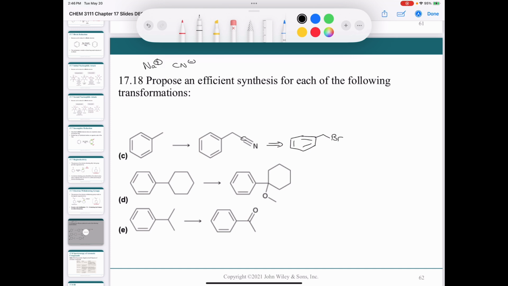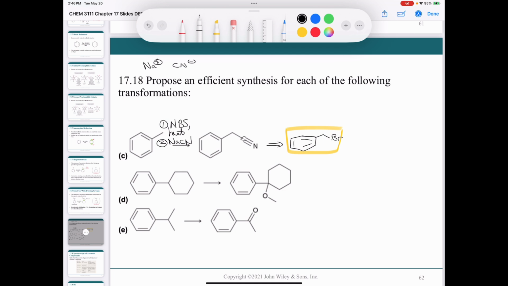So cyanide is a good nucleophile. We know how to convert the toluene into the benzyl bromide. All we have to do is treat it with NBS, and we're going to heat that up a little bit. And then in the second step, we would use our sodium cyanide as our nucleophile to come in and do our SN2 reaction.